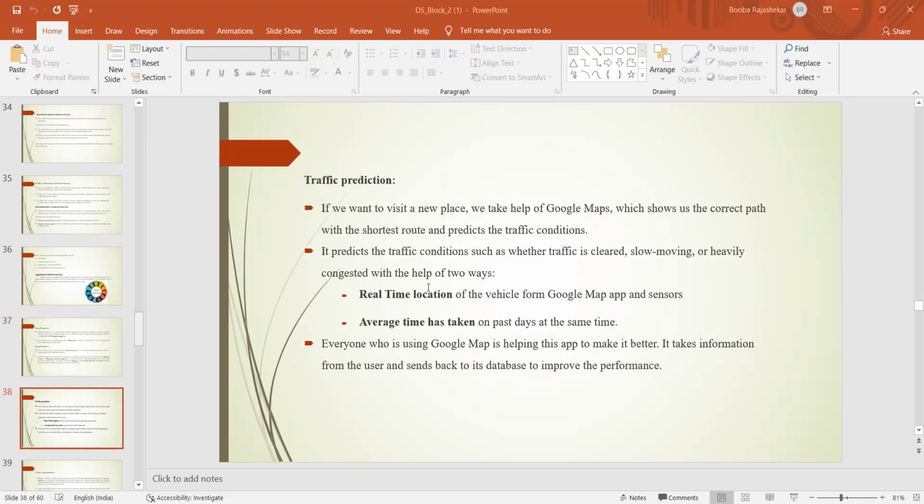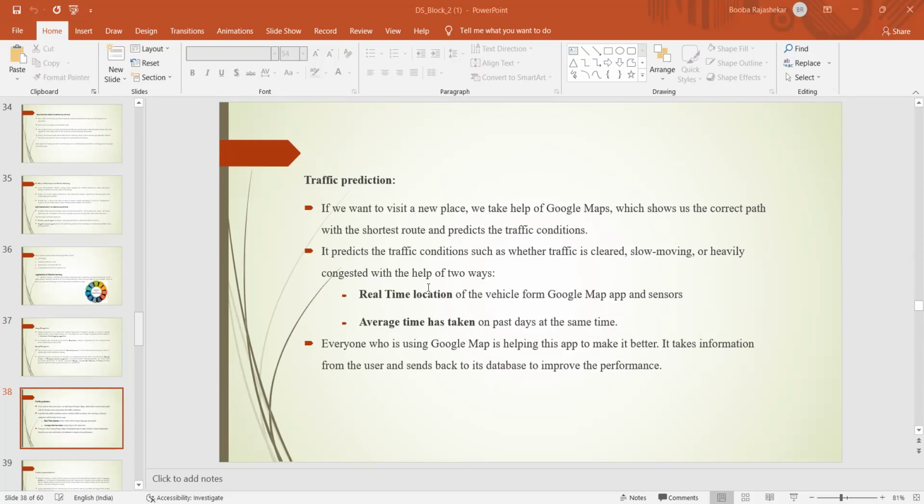Next is traffic prediction. If we want to visit a new place, we can take help of Google Maps, isn't it? It shows us the correct path with the shortest route and predicts the traffic conditions.